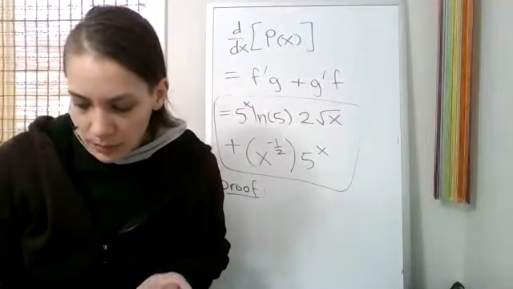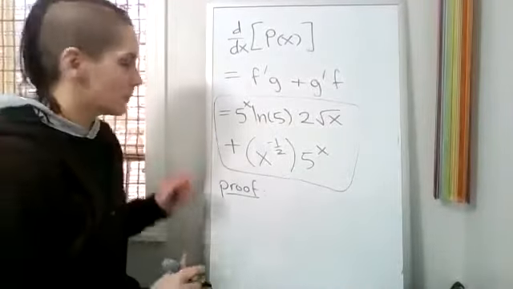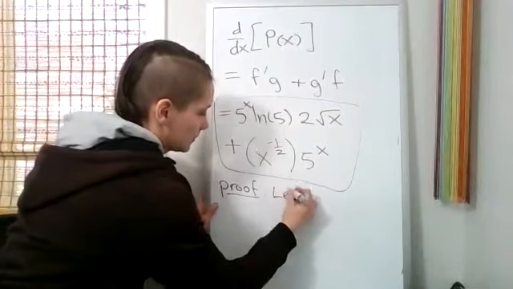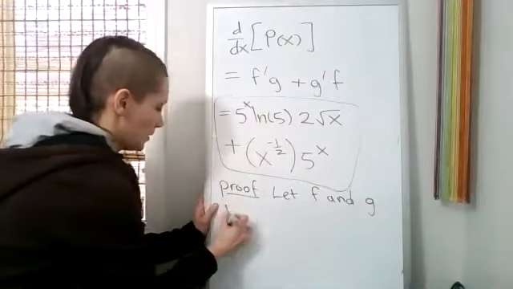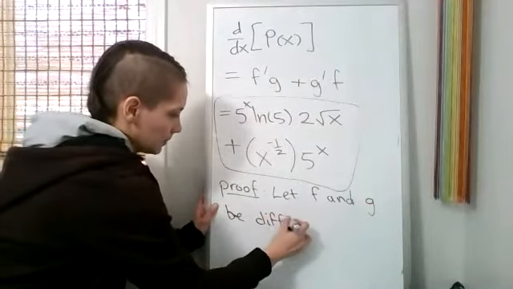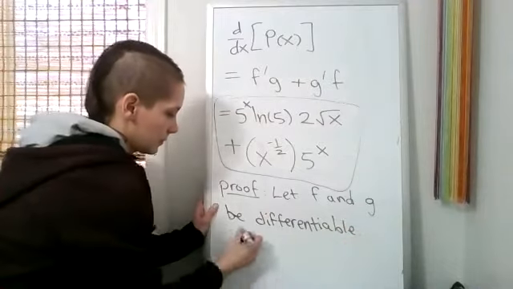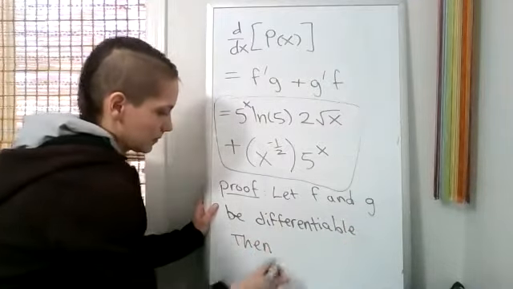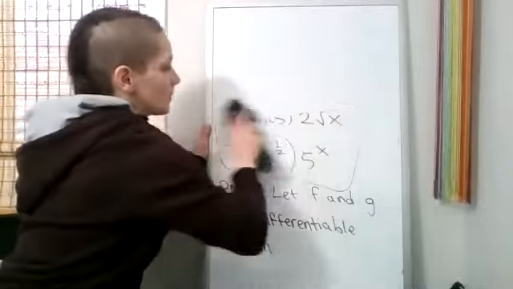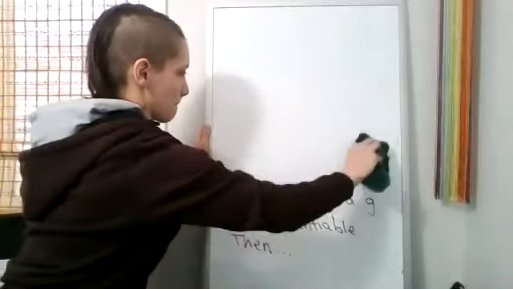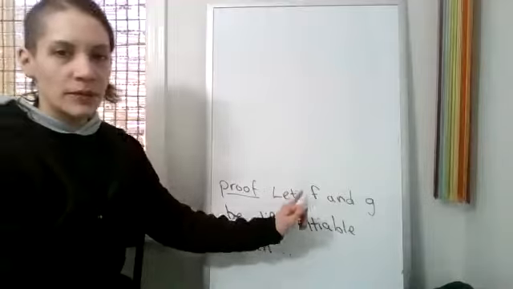If f and g are differentiable, then we can start to take the derivative of f times g.